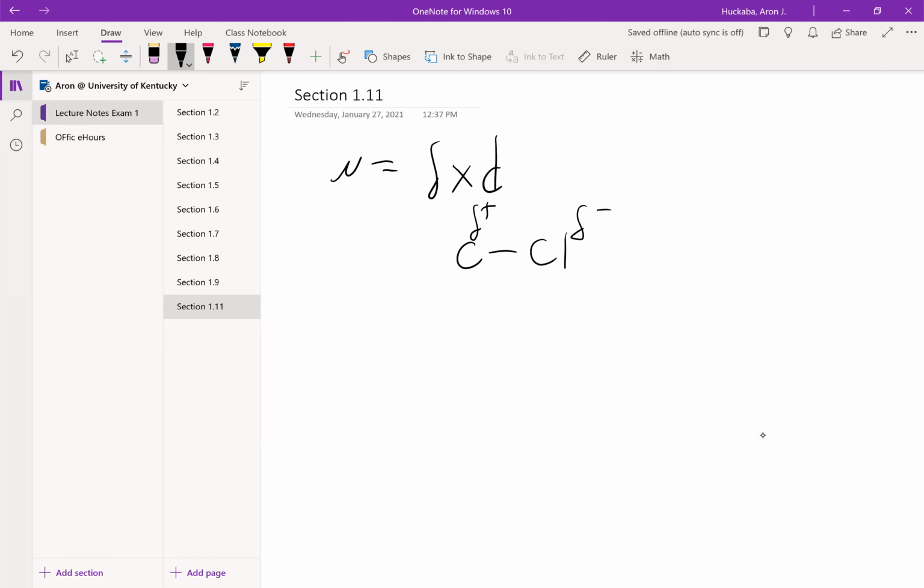You'd imagine that the amount of electrons pulled towards the chlorine is equal to the amount of electrons pulled away from the carbon. And the distance, of course, would be equal to this bond that they share.